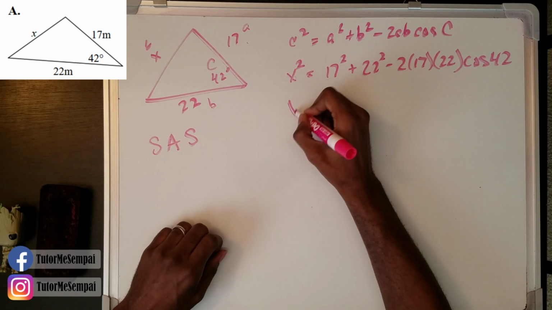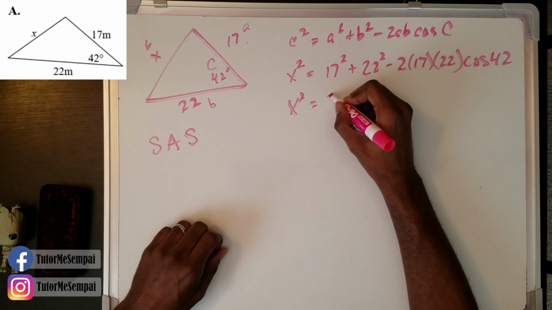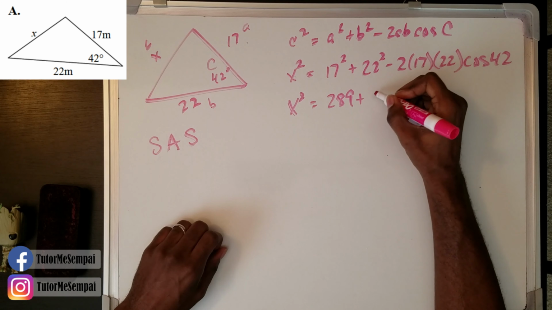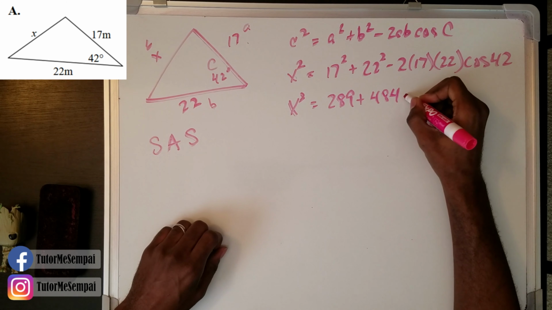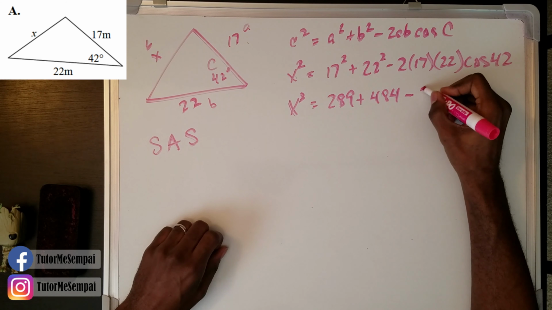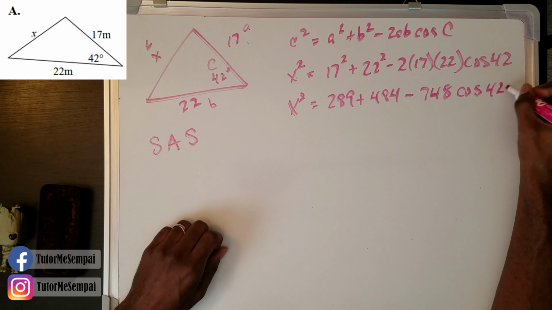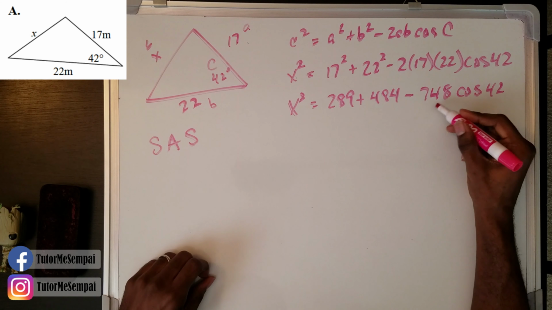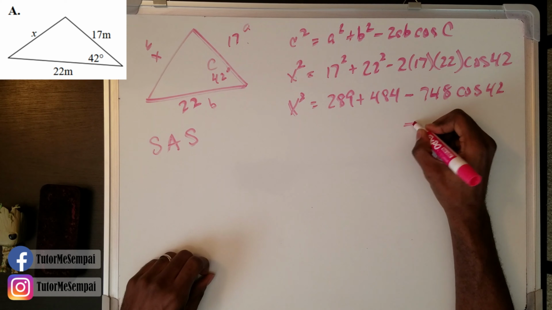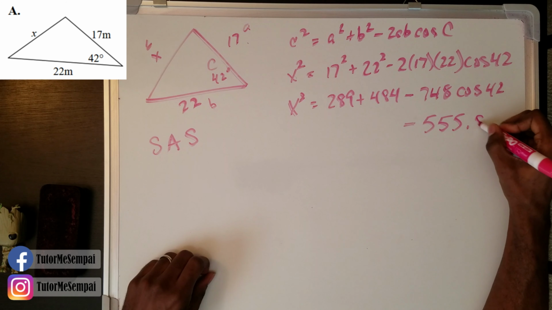So now we're going to have x squared equal to 17 squared, which is 289, plus 22 squared, which is 484, minus 2 times 17 times 22, which is 748, cosine of 42 degrees. And when you plug in 748 times cosine of 42 degrees into your calculator, you're going to get 555.87.